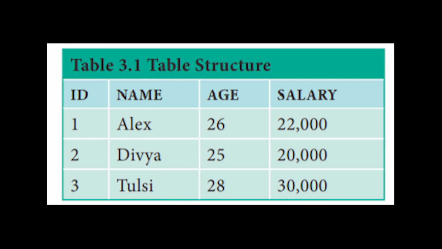First name is Alex, the age is 26, 22,000 is the salary. This is a row. Have you got a clear idea of database, column and row? The table consists of columns and rows. If columns and rows are there, that is a table. A table can be created inside the database.